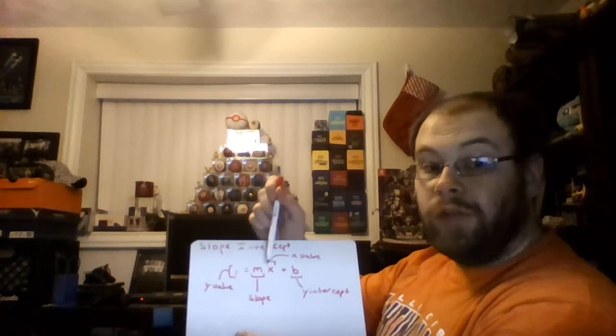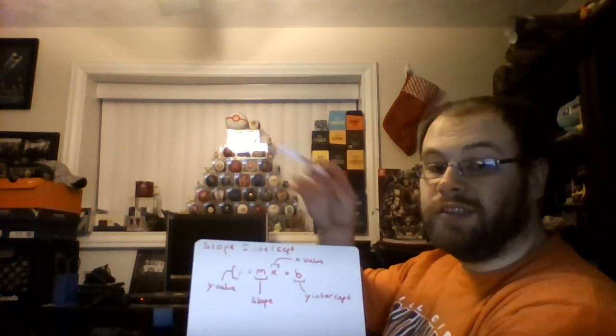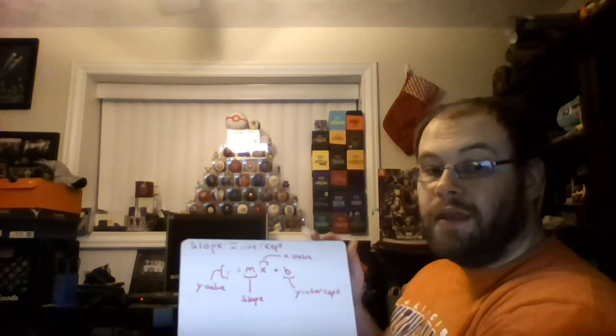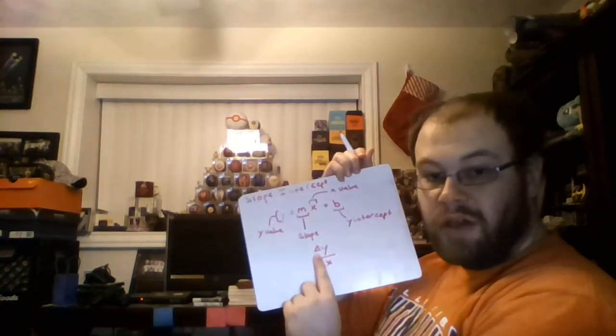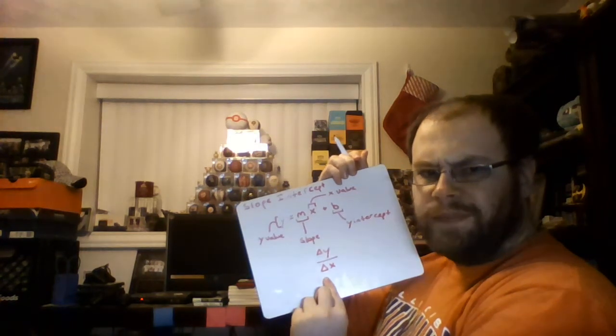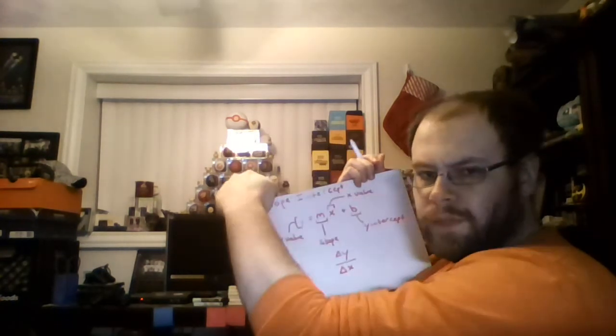The slope is how much your line is going to be changing as you move across the board. Slope can be either a fraction or a whole number, but just remember that slope is always how much your y is changing over how much your x is changing. So basically it's how much is your line going up and how much is your line going over.